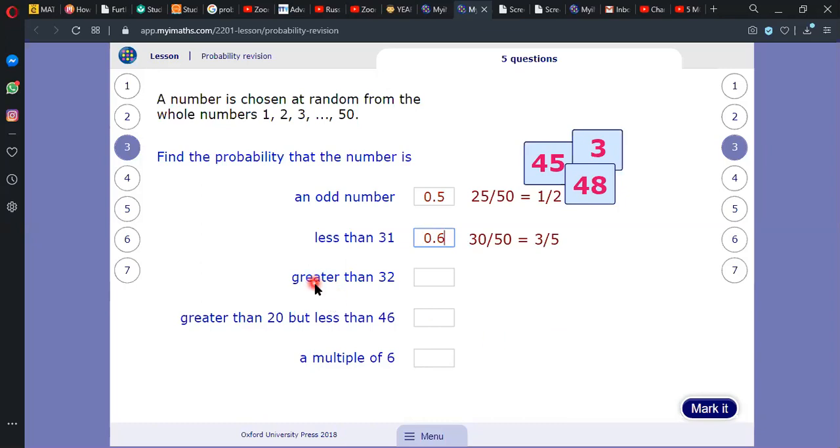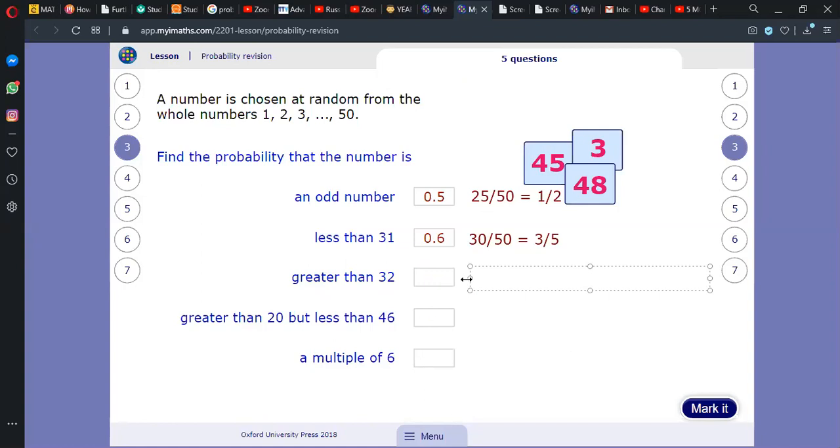Probability that the number is greater than 32. If it is greater than 32, I'm going to expect all the numbers that are greater than 32. How many are they? So you start counting from 33: 33, 34, 35, 36, 37, 38, 39, 40.